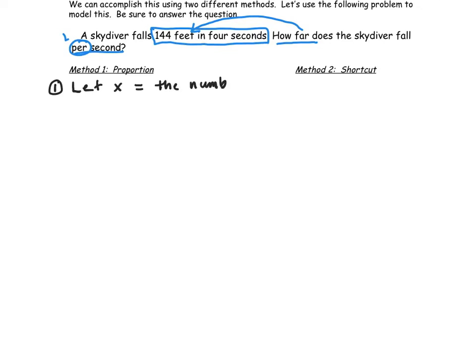When they said how far, we're referring to feet. So now if you recall in our previous lesson, the second step when we're trying to work on these problems is to set up a proportion. And this is the method that we worked on last problem. This is how we're going to work on it, this first method.